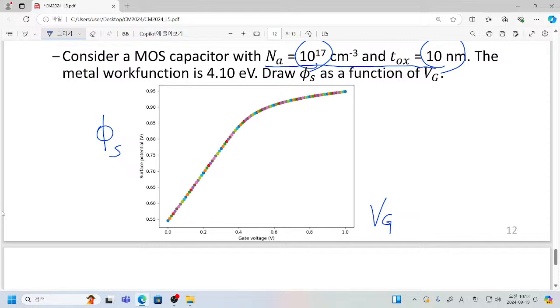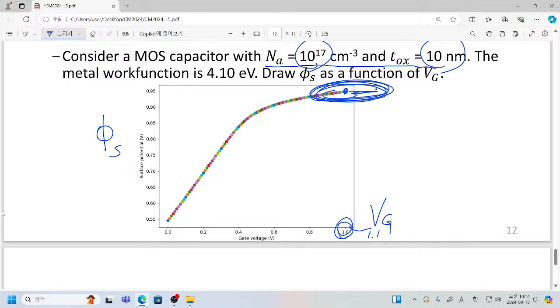How can you do that? You can just solve your MOS equation. Once you solve the MOS equation, you can get this beautiful graph. As you can see here, when your gate voltage is 1 volt, surface potential is more or less fixed around 0.95 volt, and even though you increase it to 1.1 volt, it only shows a really small increase in your surface potential.